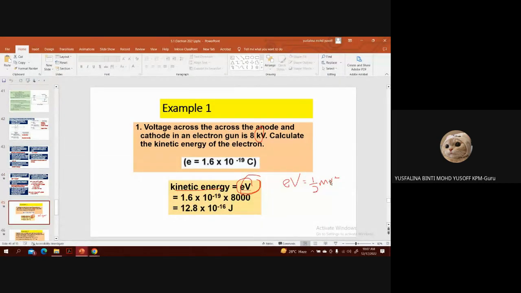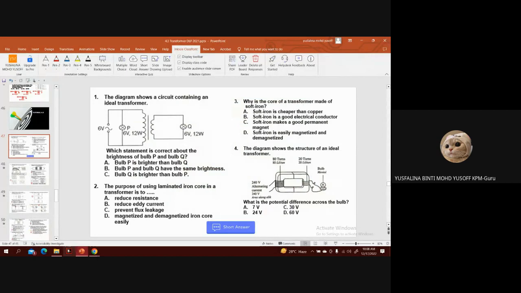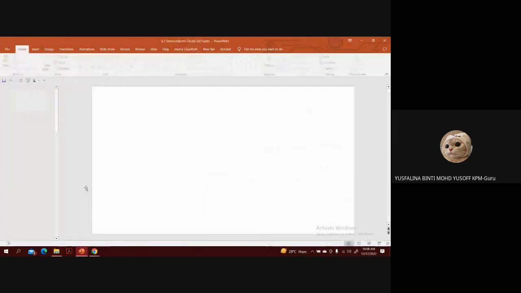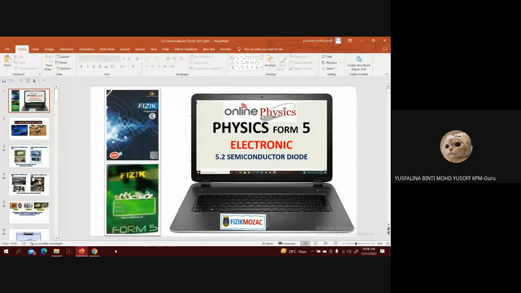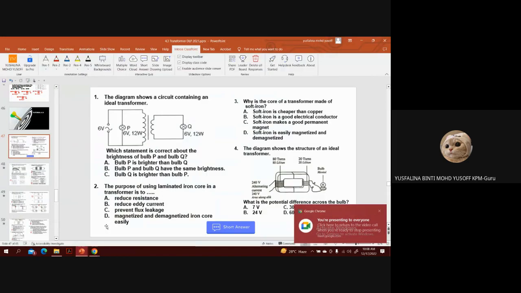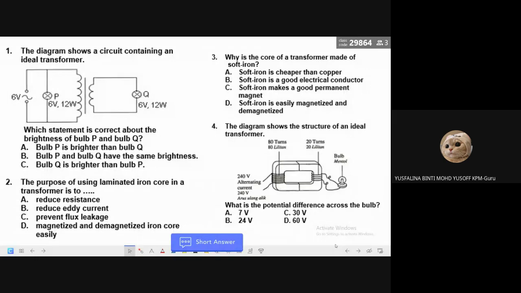So we can go to 5.2, semiconductor. Okay, so let's see how many of you already joined. Okay, I want you to answer. Only 3 people only. Where's the rest?